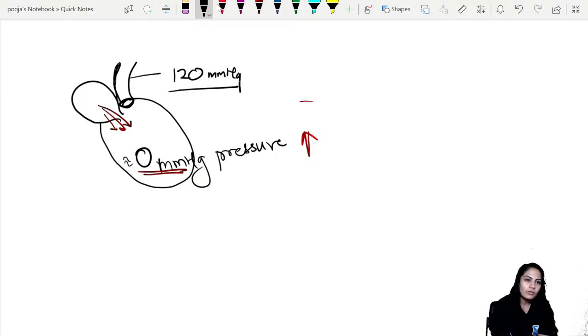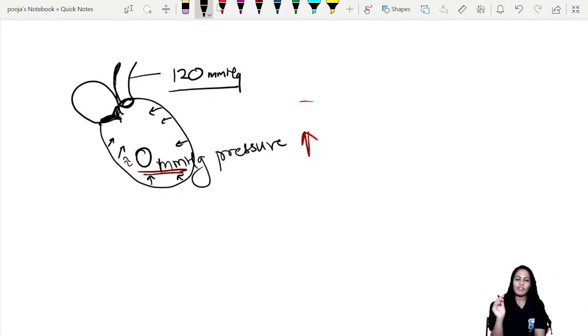Once this atrial contraction is over, it is going to close its own door. Suppose this is the valve, this will be closed, and there is no more filling. Now as the myocardium gets the action potential, the ventricle starts to contract, and the pressure gets built up.